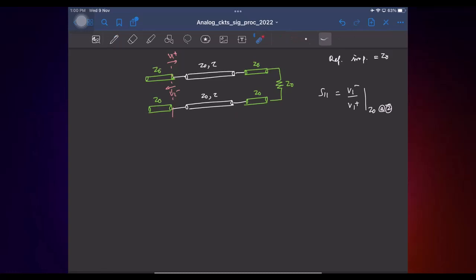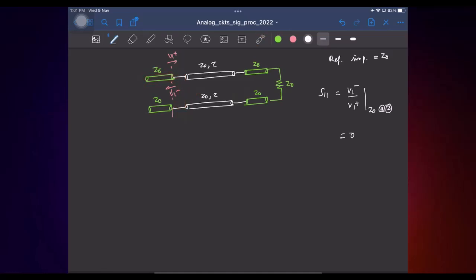What is the looking in impedance here? Looking in impedance is Z0. So now it looks like I put a Z0 here. So what is the looking in impedance? That is also Z0 now. So now here I have a transmission line Z0, here Z0. S11 is 0.